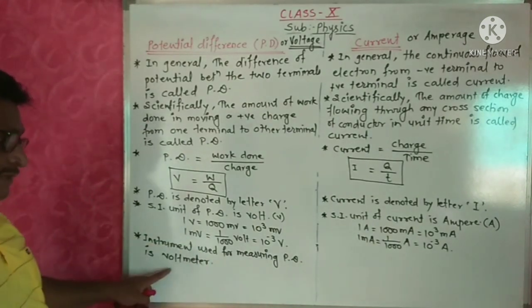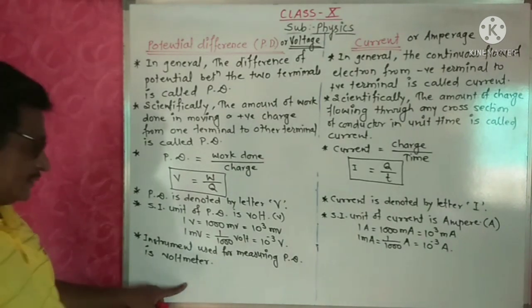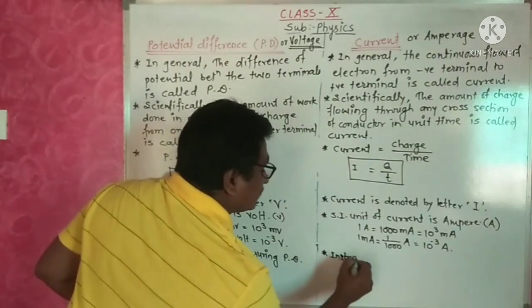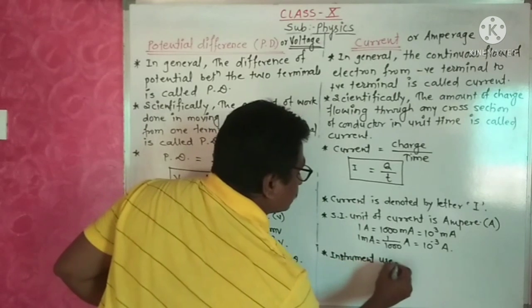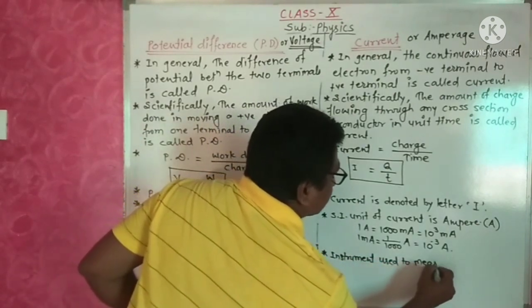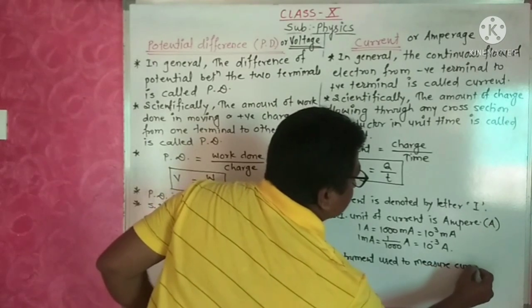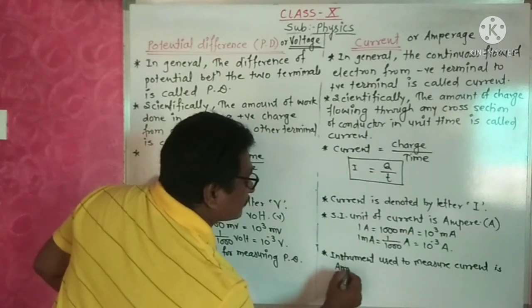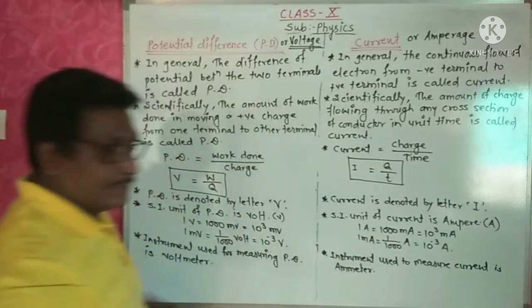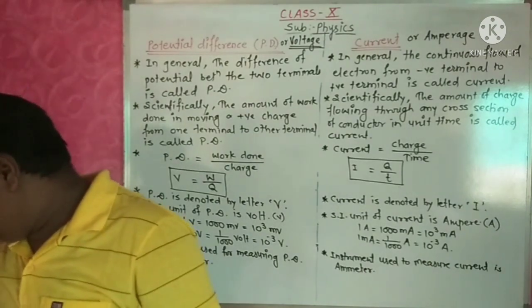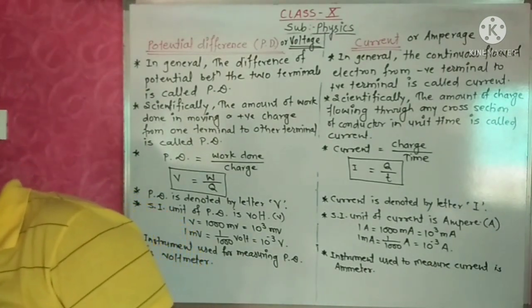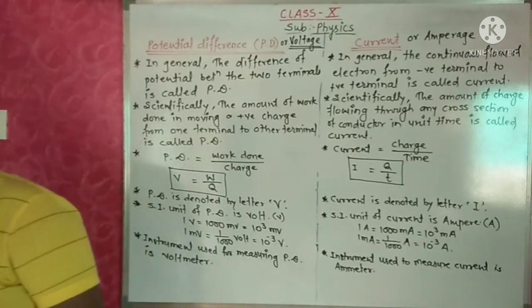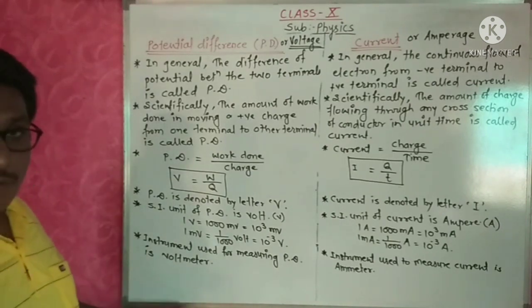Which instrument is used to measure the potential difference? Voltmeter. And the instrument used to measure current is ammeter. Which instrument is used? Ammeter. Understood this?